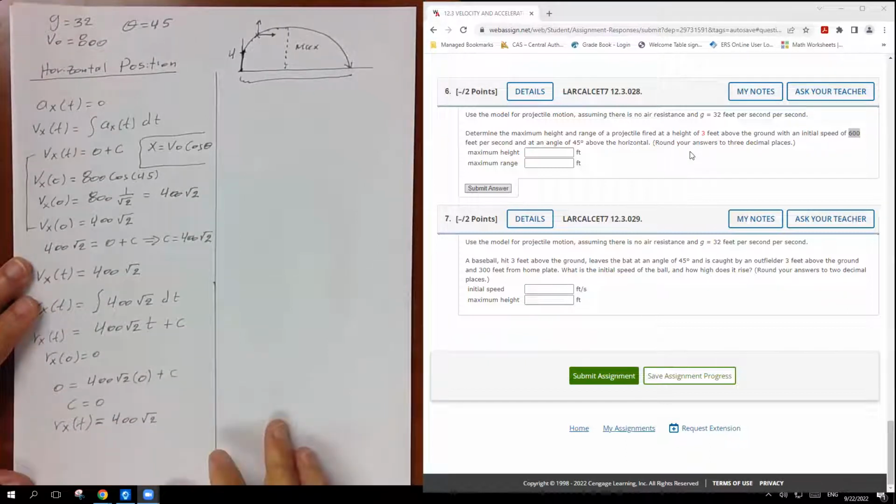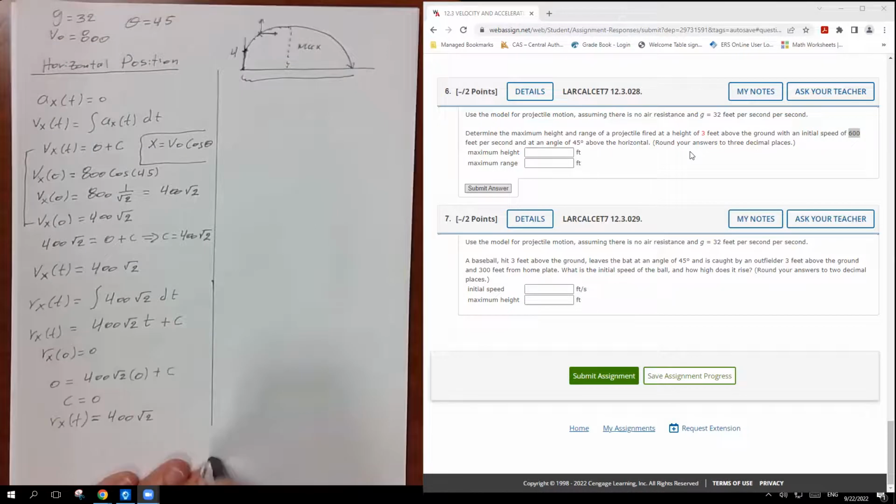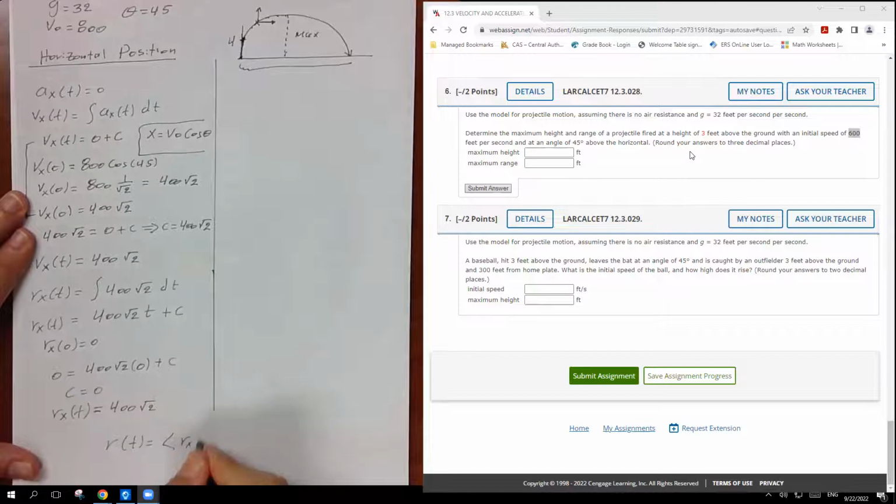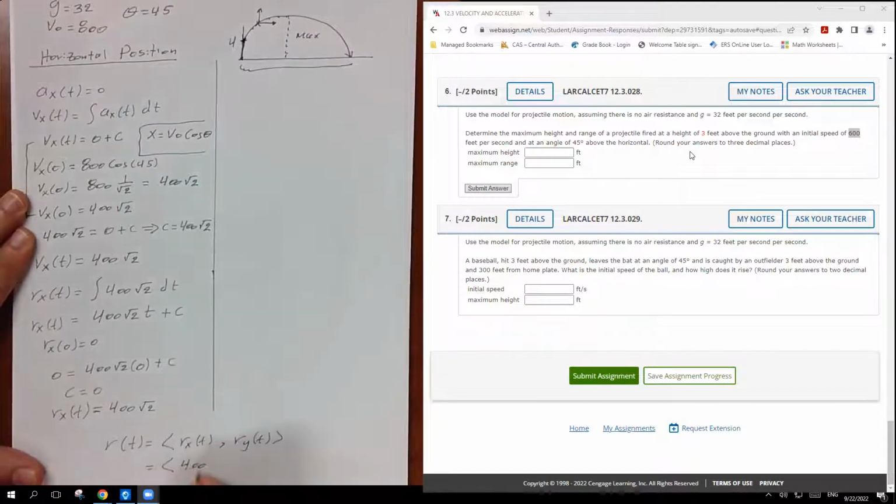This is now the first part of this function, because our position vector for all t is r sub x of t and r sub y of t. I found the first one, which is 400 square root of 2 t.